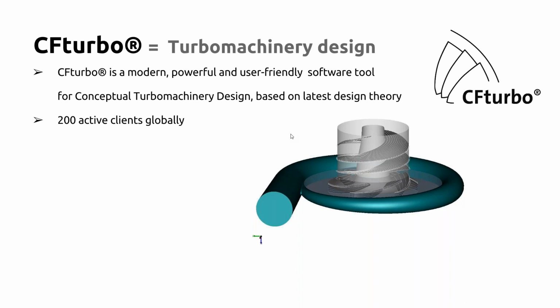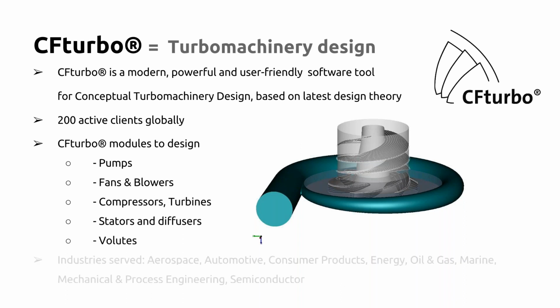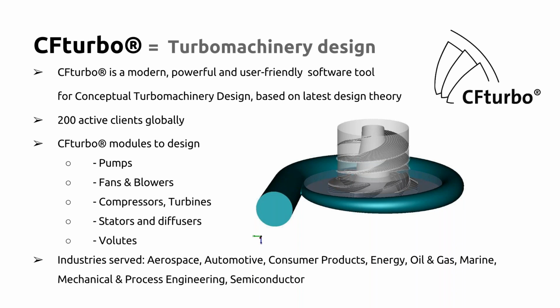Right now we have 200 active clients globally, and CFturbo is divided, or the package is divided into different modules, and that can be used to design pumps, fans, blowers, compressors and turbines, and of course stators that can be vaned or vaneless, plus diffusers and volutes. And all these modules also can be used for both radial and axial machines, or to the design of that.